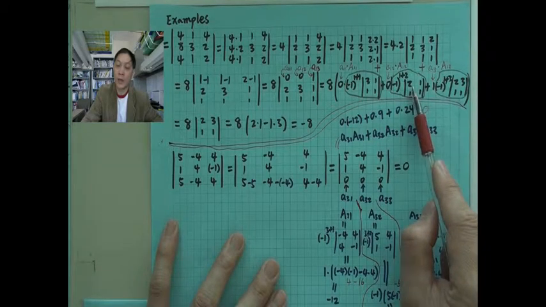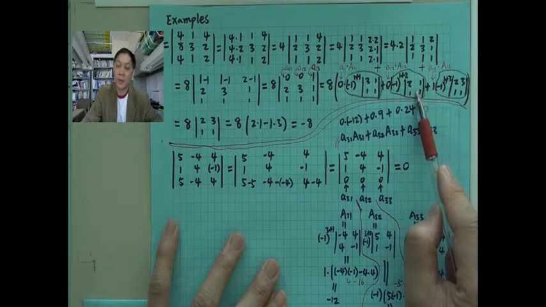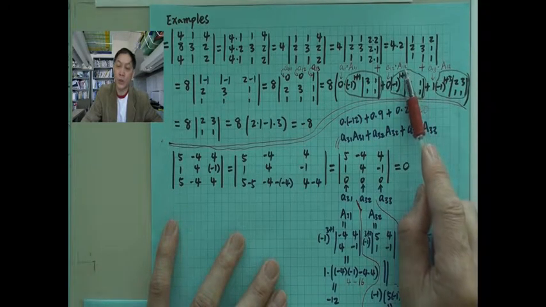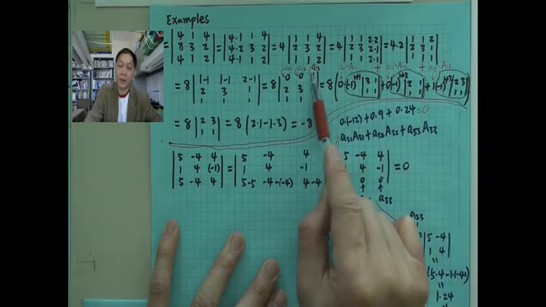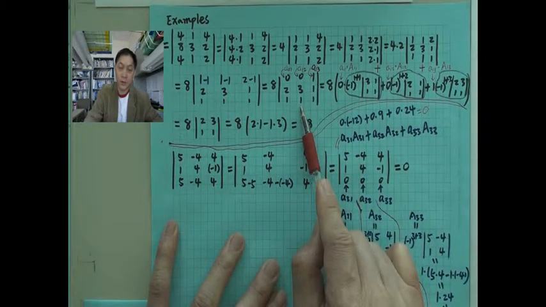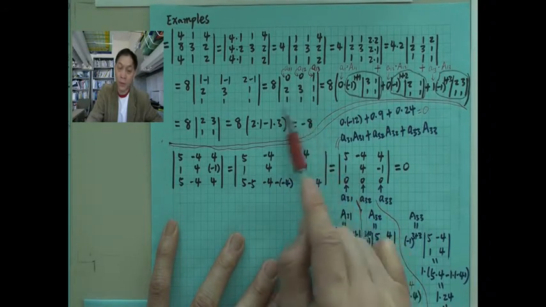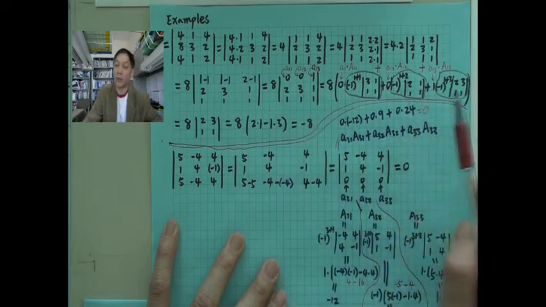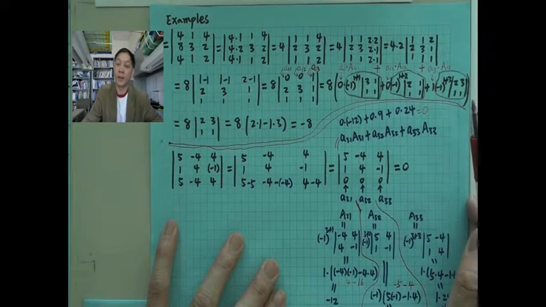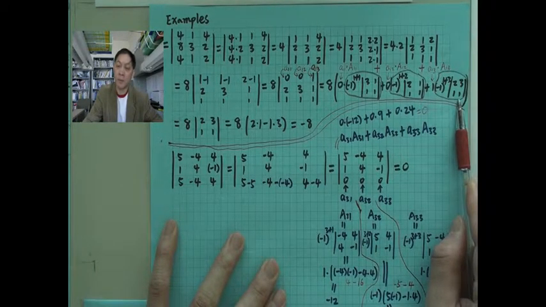Crossing out row 1 and column 2, you have 2, 1; 1, 1 left over. Now the last one is the same.